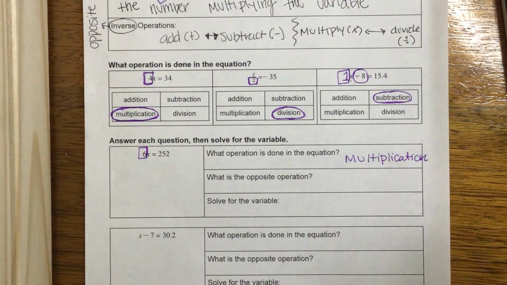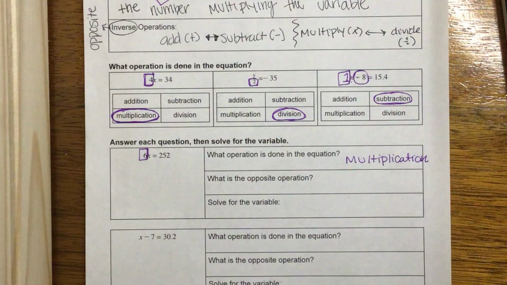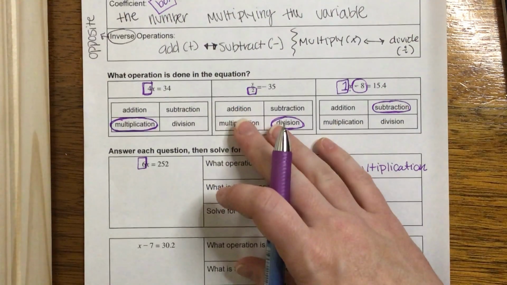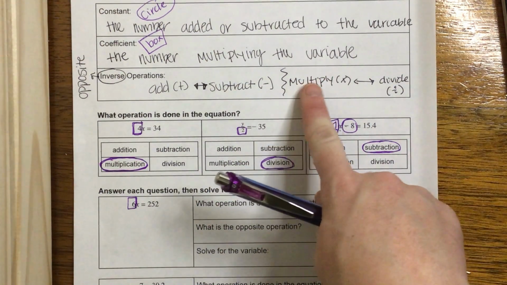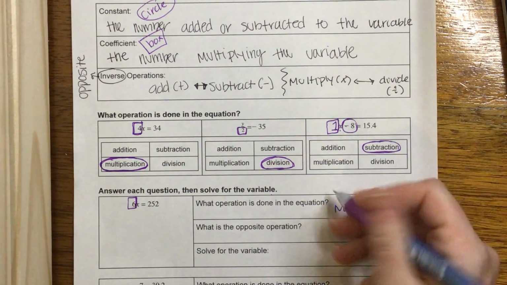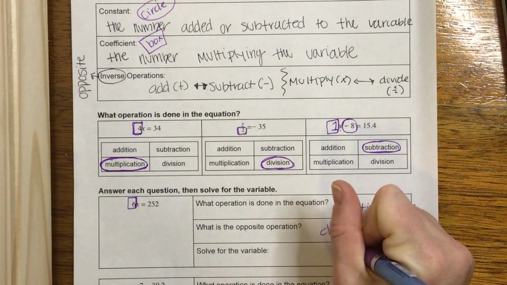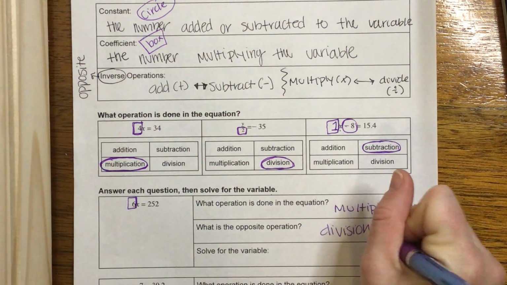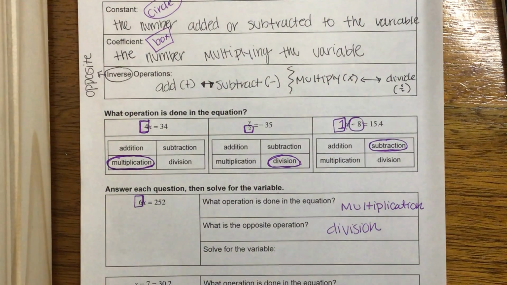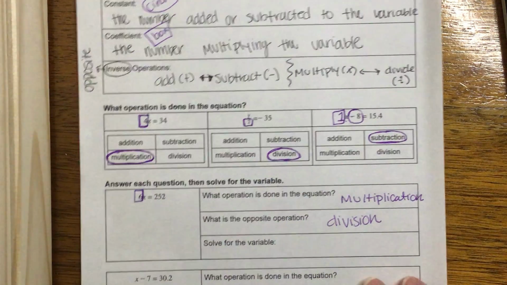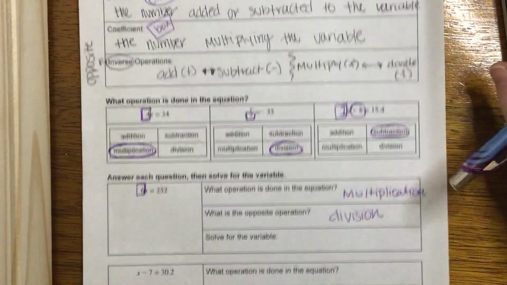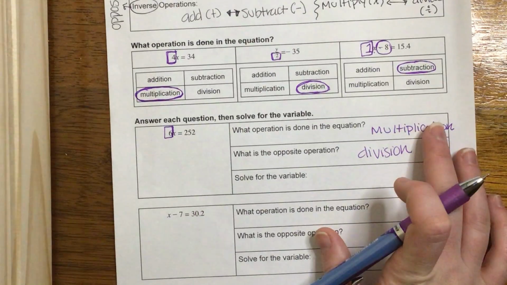So the operation that's happening in my equation is multiplication. The opposite of multiplying is dividing. So to solve the equation, I'm going to do the opposite operation.